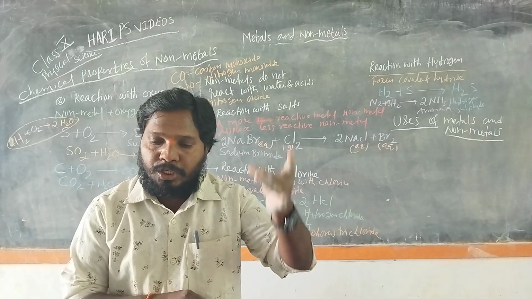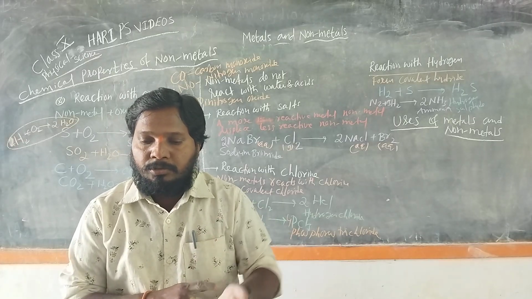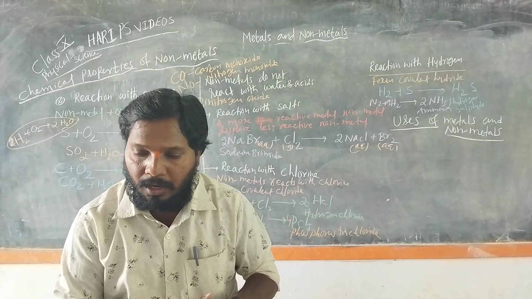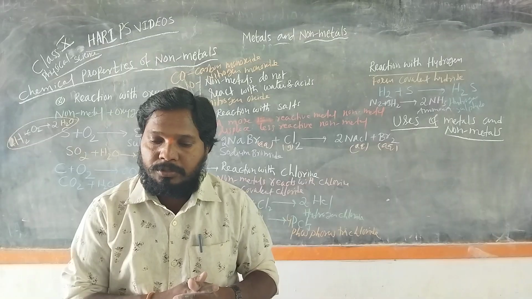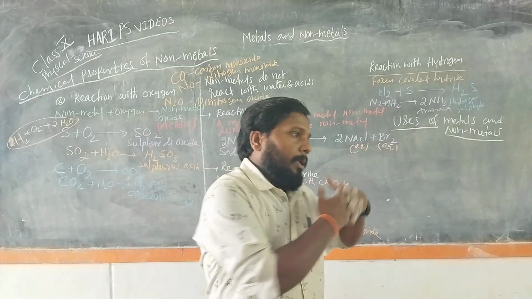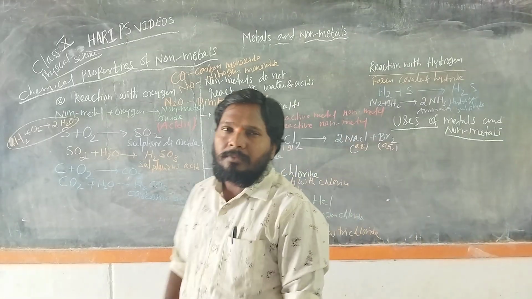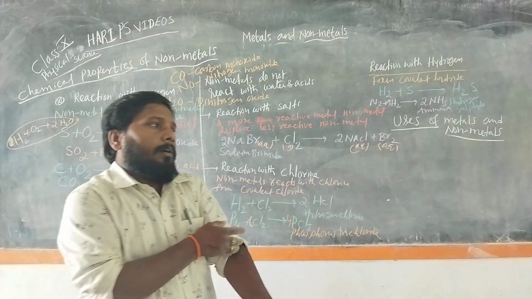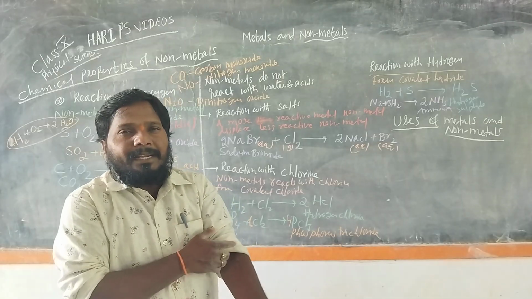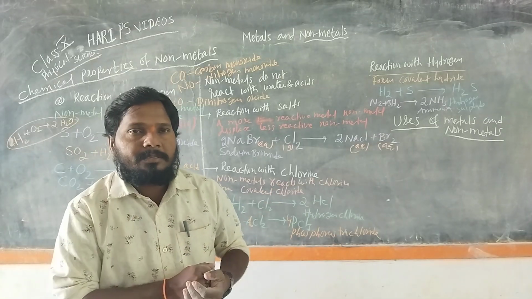Sodium, titanium and zirconium metals are used in some atomic energy applications. Zirconium metal is used in making bulletproof alloy steels. Lead metal is used in making car batteries. So metals play a very important role in our daily life, right? As we know very well, that's why I did not explain much about the uses of metals.